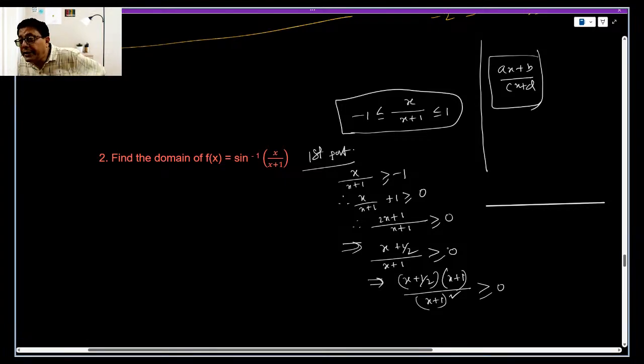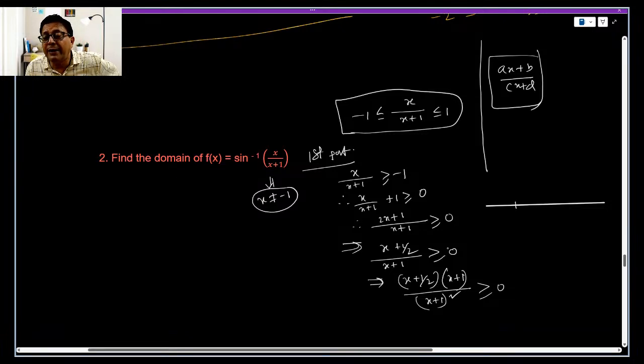You know the denominator is positive. Why? Because it is x plus 1 whole square. Now this product has to be greater than or equal to 0. At the same time, x plus 1 cannot be 0. Am I correct? x cannot be minus 1. This is a known fact.